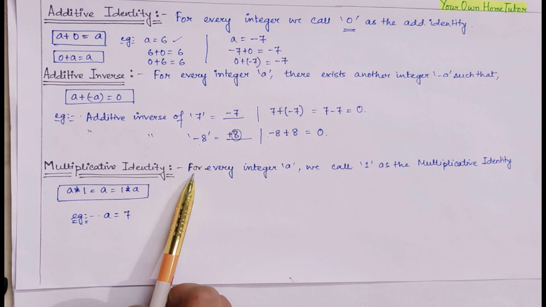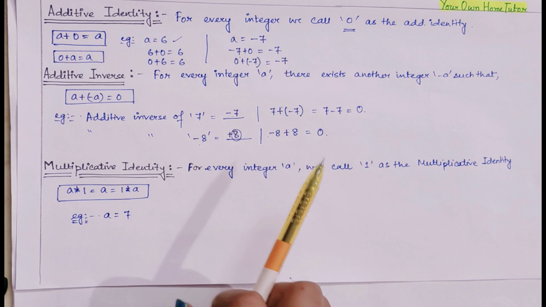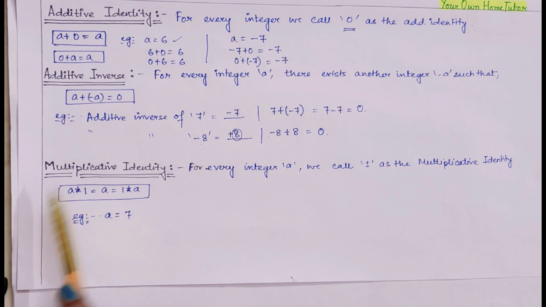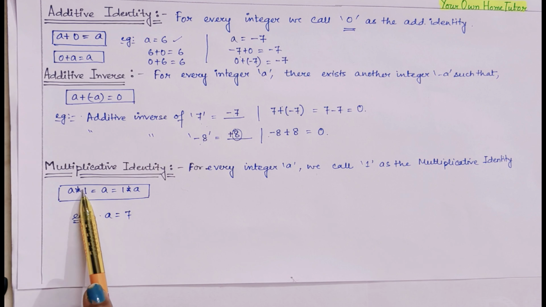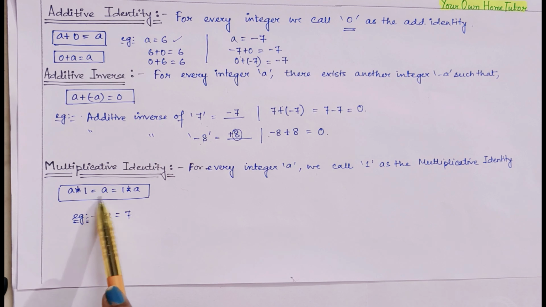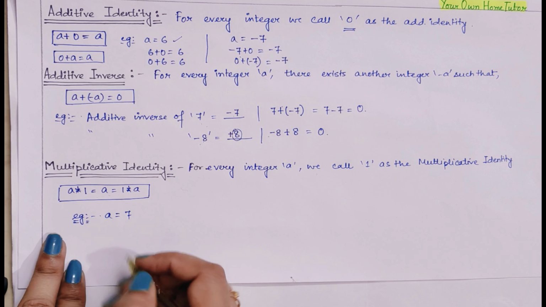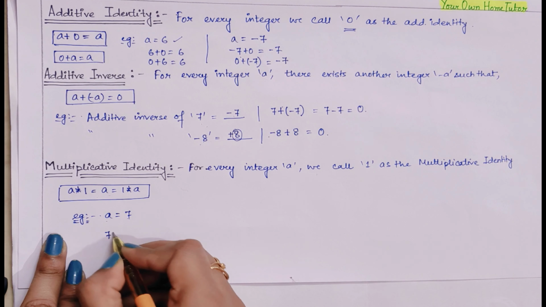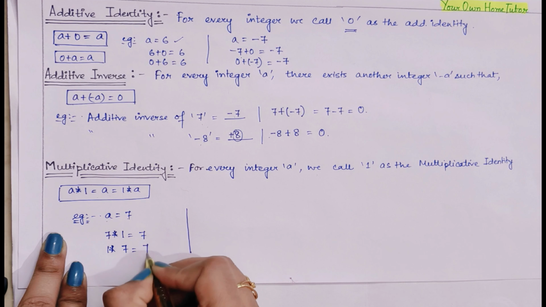Now what is multiplicative identity? For every integer a, we call 1 the multiplicative identity, because after multiplying any number with 1, we will get the same number. If we keep 1 before a and multiply, or 1 after a and multiply, we will always get a. For example, I have taken a equal to 7. If I multiply 7 with 1, I will always get 7, or if I multiply 1 with 7, then also I will get 7.